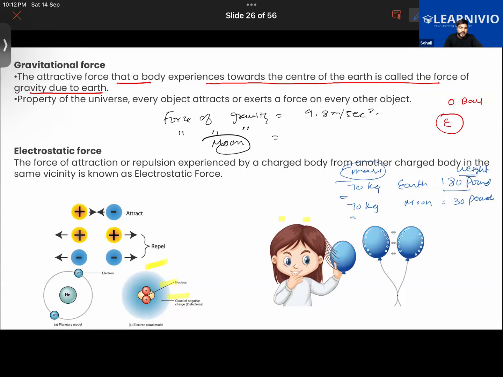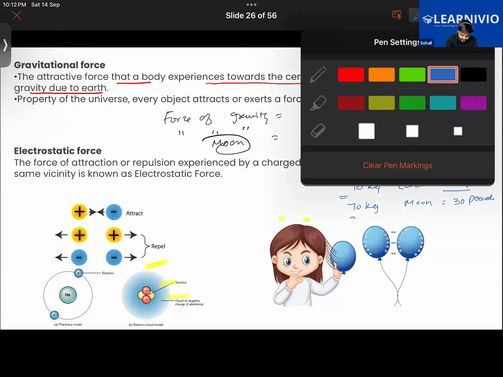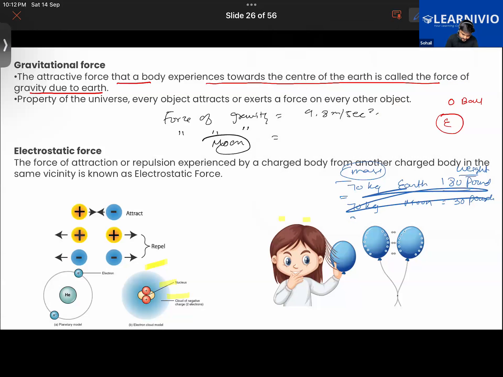Yes. Then we have the case of electrostatic force. In the case of electrostatic force, there are two bodies. One of them might be charged, another one might be uncharged, or both of them will be charged.